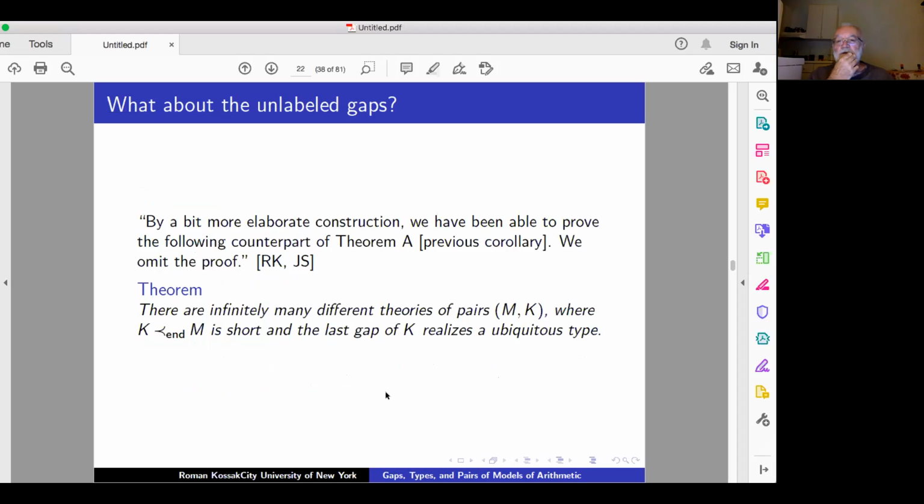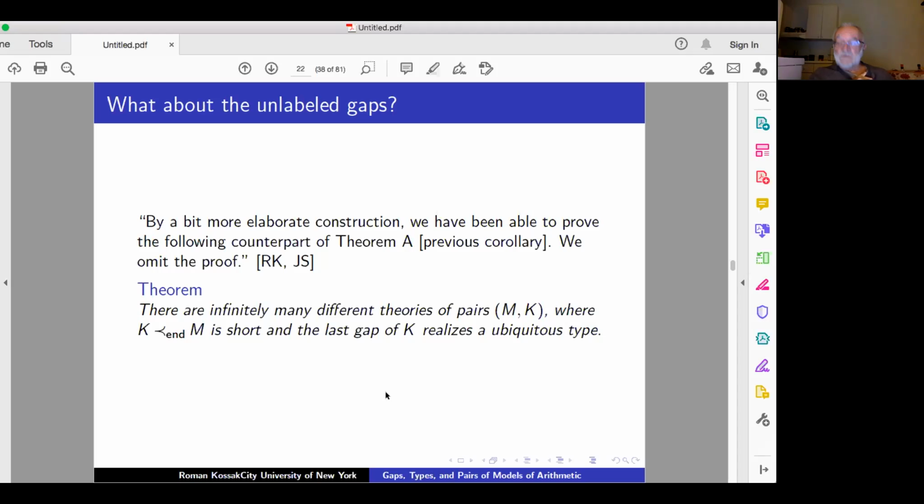So there is one thing that's left. In the paper there is a little embarrassing thing. This is a quotation: by a bit more elaborate construction we have been able to prove the following counterpart. Theorem A is this corollary that I just mentioned. So this is the same result, that there are infinitely many different theories of pair K in the same situation, but the last gap realizes a ubiquitous type.